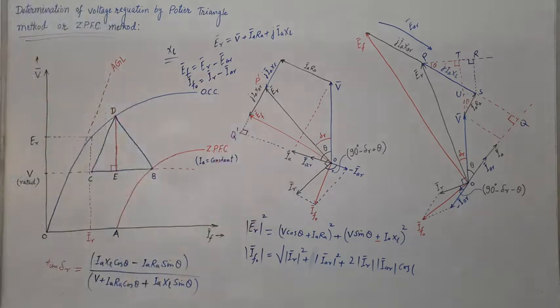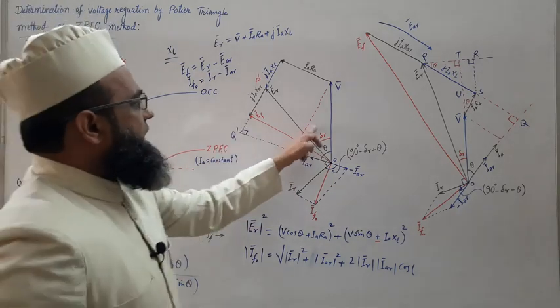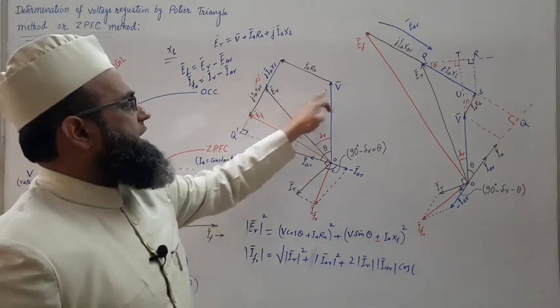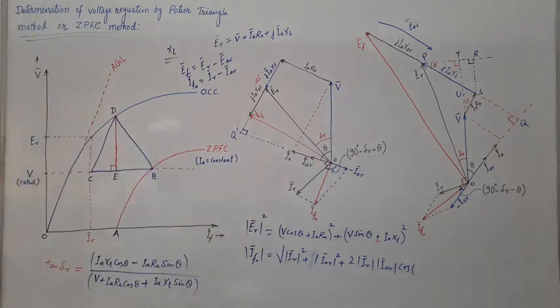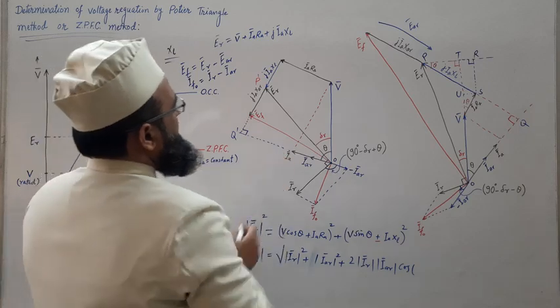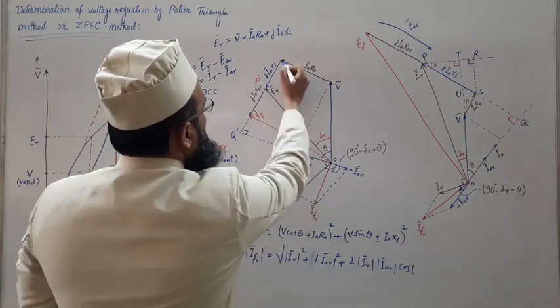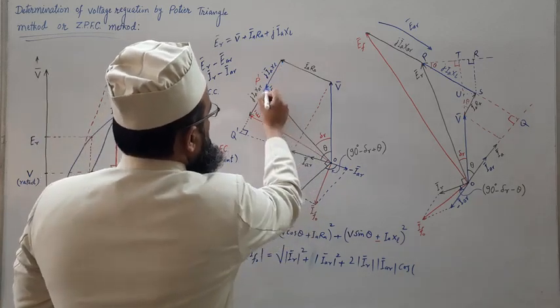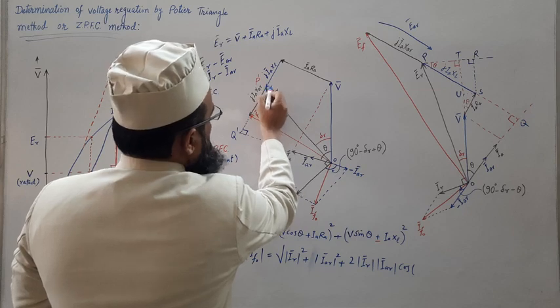For leading power factor, this is delta R, the angle between ER and V. And for getting delta R, again draw one perpendicular on this line. Let us mark one line.